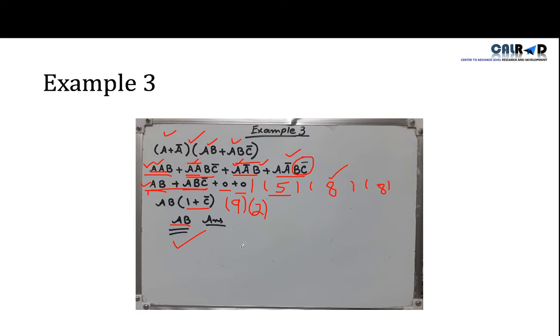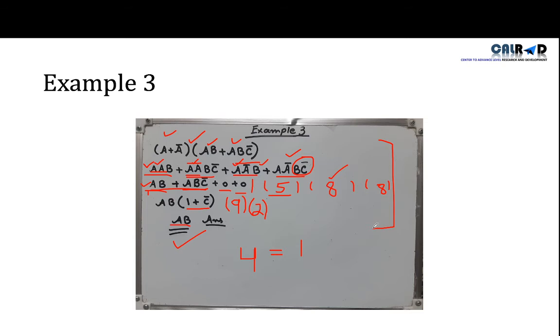So simplification helps us reduce 4 gates into 1 gate. So how useful is this simplification? You should also do this example 3 to 4 times repeatedly so that you will have further understanding.